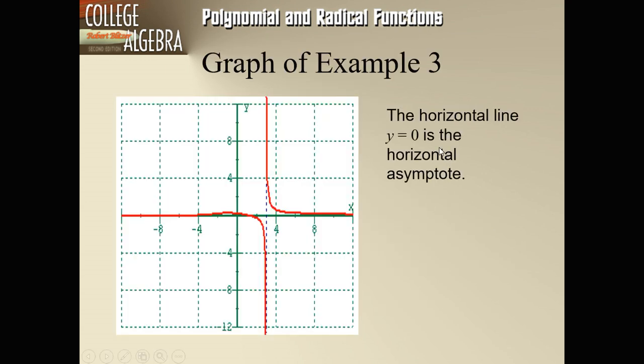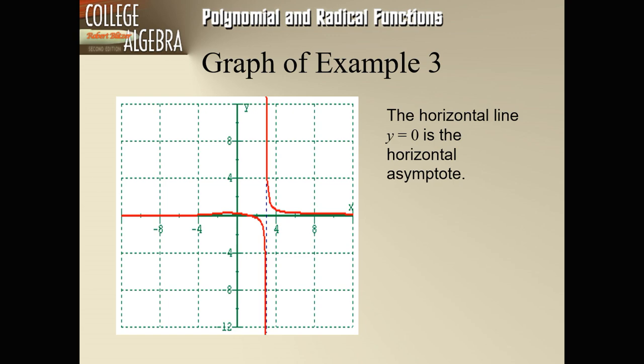The horizontal line y equal to 0 is the horizontal asymptote. Ito na po yun mismo, andyan sa part na yan, itong line na ito. Okay. Yan. So, wala tayong makikitang dotted line because the horizontal line is y equal to 0. So, that is the horizontal asymptote.